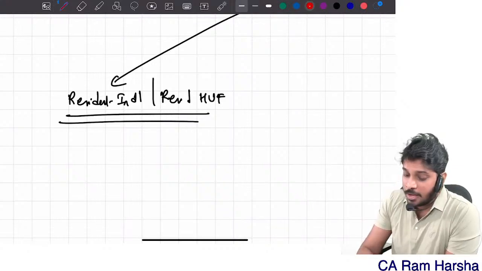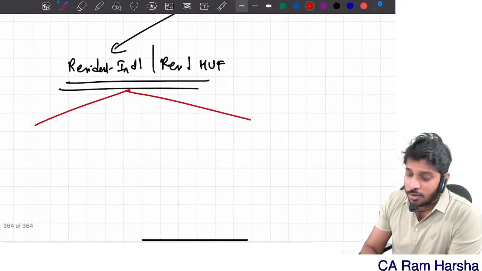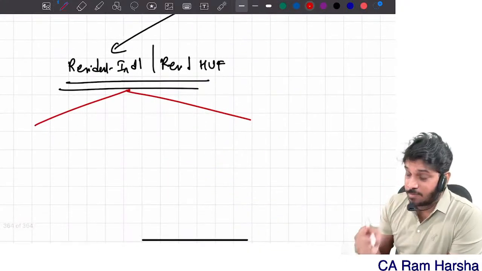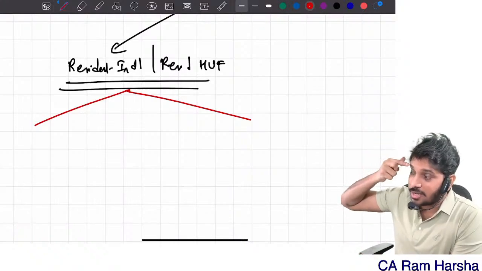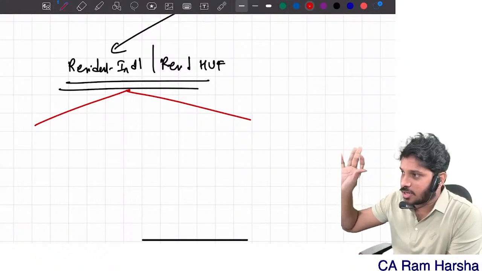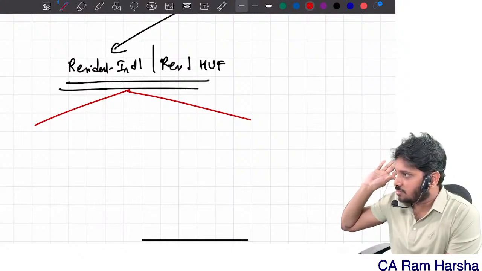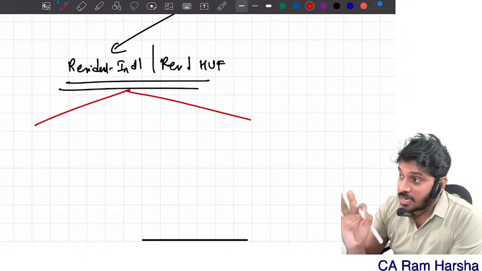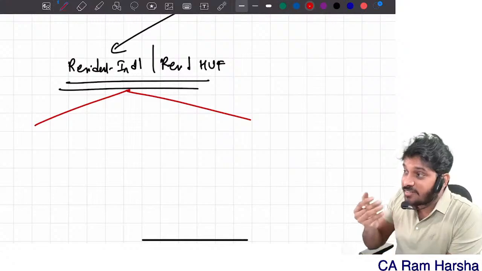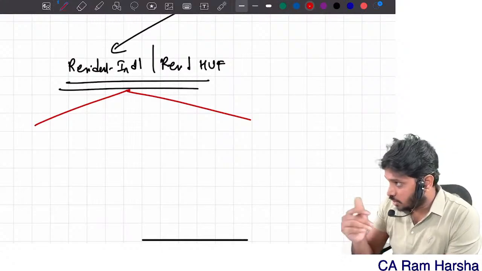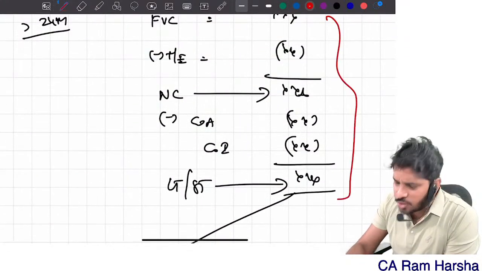What option were they given? These people purchased this land before 23rd July, but are selling it after 23rd July. Indexation is lost. This is a very big negative for them. So the government told them, you compute capital gains without indexation.